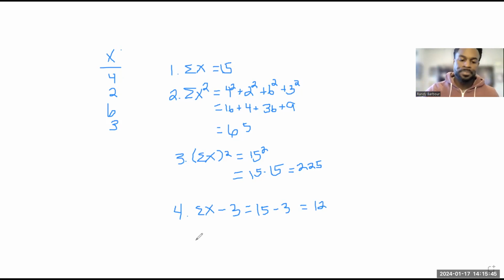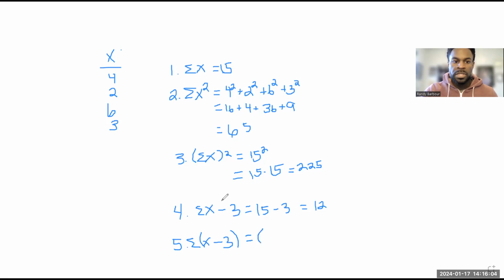And then the last one is number 5. You've got the sum of x minus 3. Essentially, this is how you're going to write this one out.